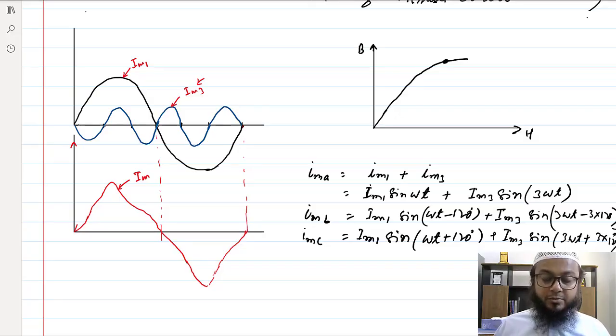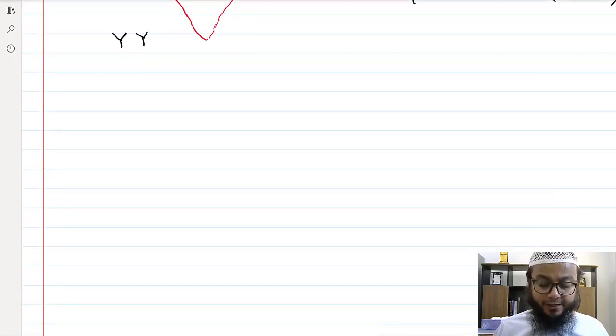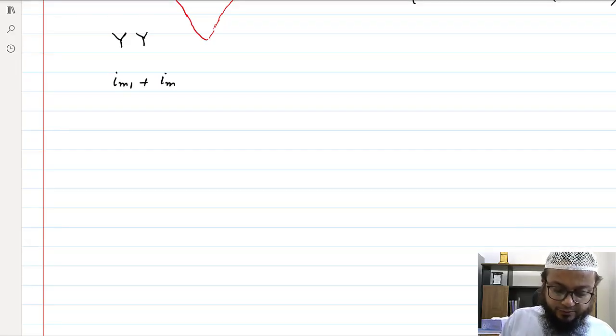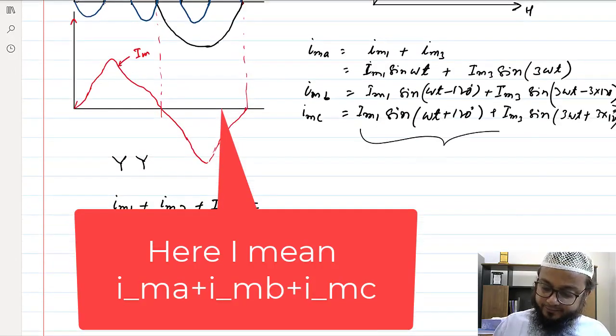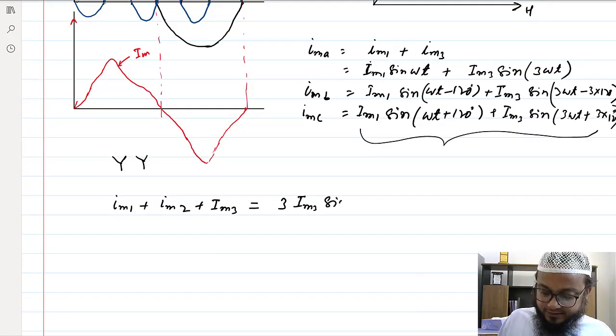Okay, so now in a star-star connected transformer with neutral open, this is a serious problem. The reason is, in a star-star connected transformer, if you sum these components, IMA plus IMB plus IMC, this will come out to be 3 times IM3 sine 3 omega t.